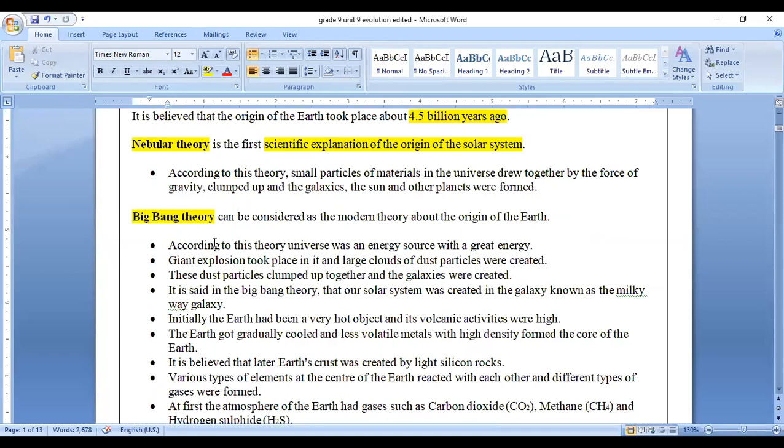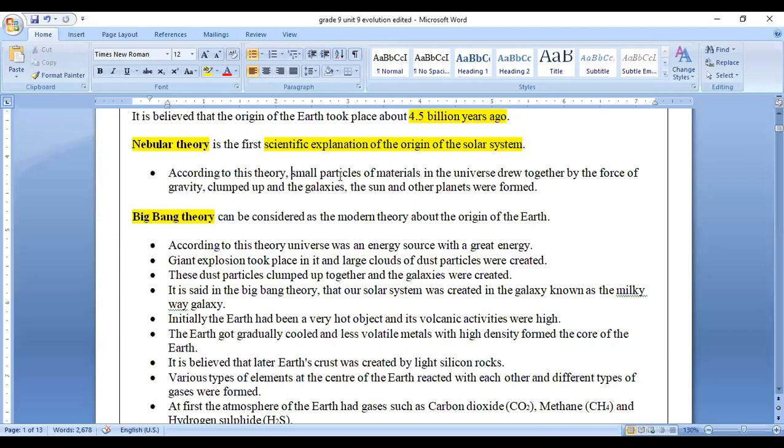Actually, it is explaining the formation of the solar system. They say in the beginning, before the solar system appeared, if we say the Earth appeared 4.6 billion years ago, during that time the solar system had also appeared.